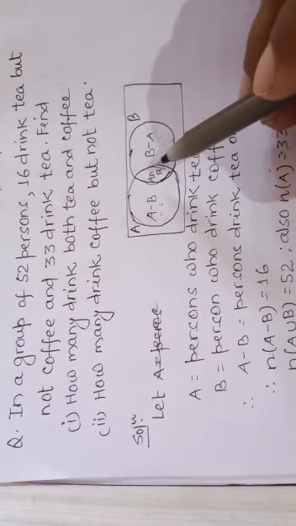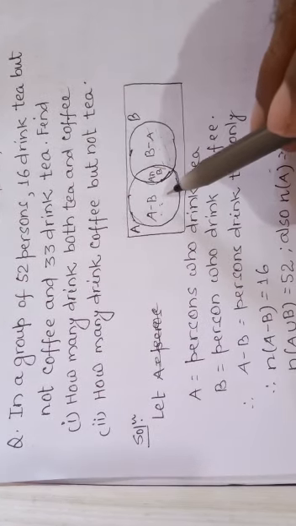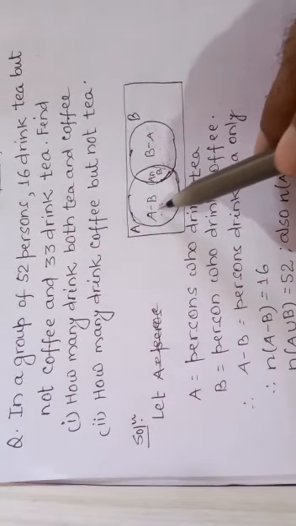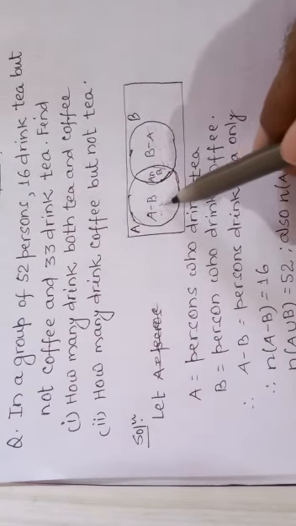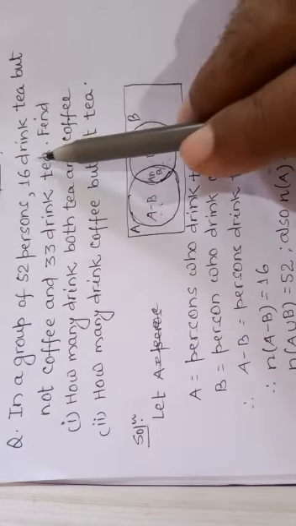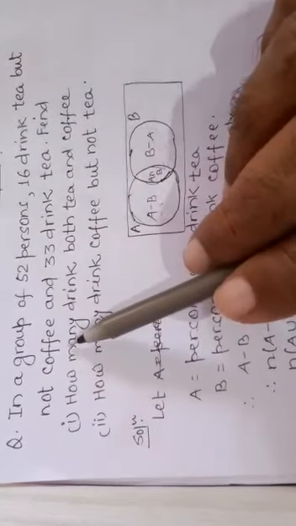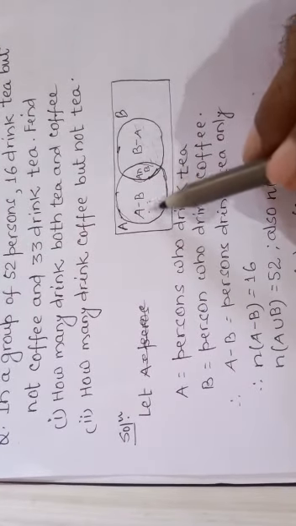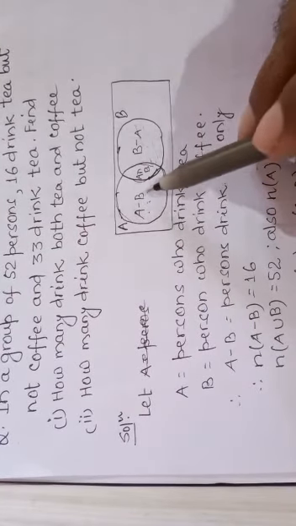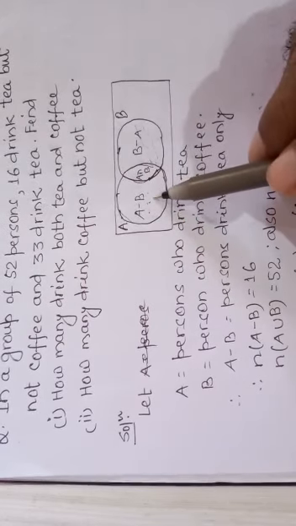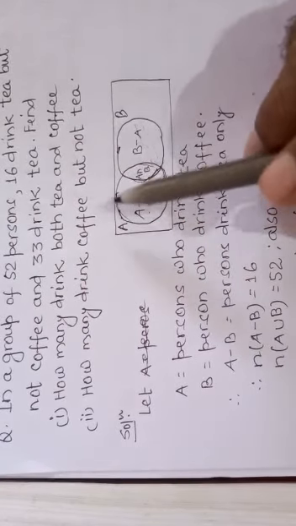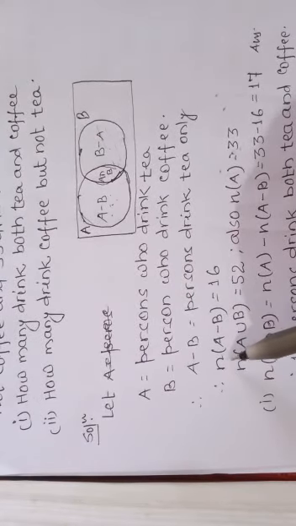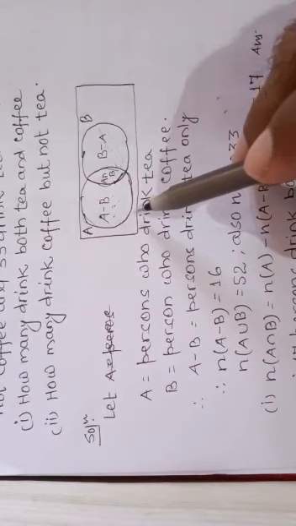So A minus B, see the question, means those persons who are in A only, like 16 drink tea but not coffee. So A minus B is those persons who drink tea only, not coffee. And what is given? The number of persons of A minus B is 16.